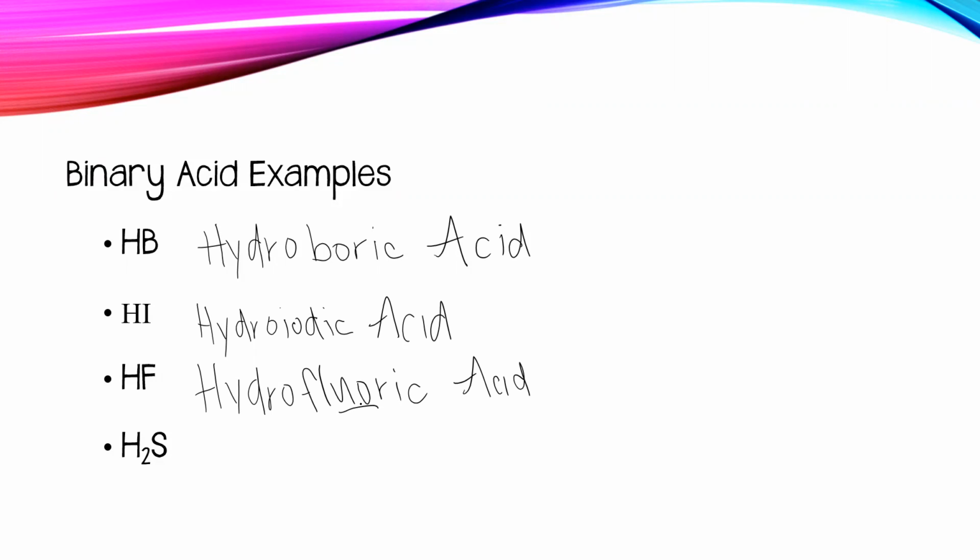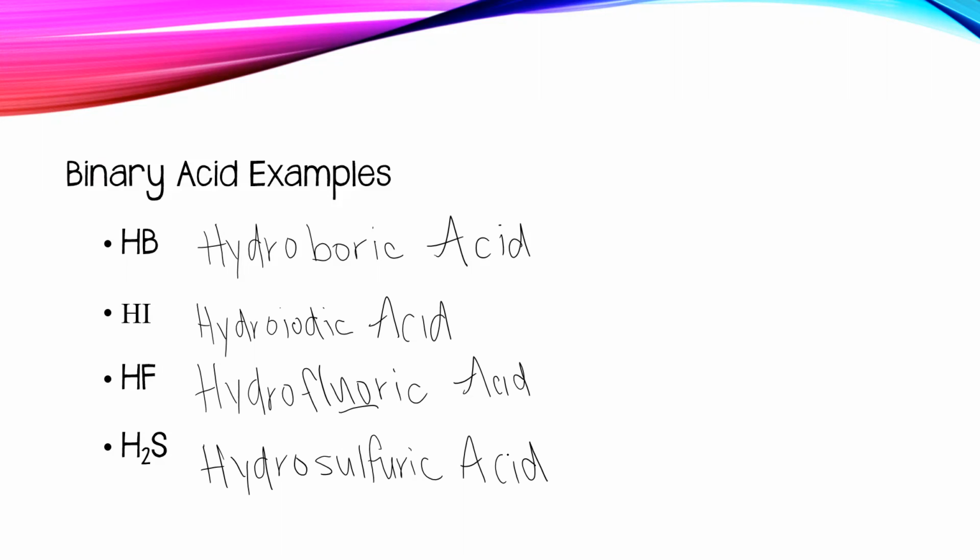And the last one, it does have H2S. It's still two elements starting with H. So hydro for H, and S was sulfur, which would become sulfide in general naming, which now becomes sulfuric. So now just sulfuric. So you actually use the whole sulfur there.